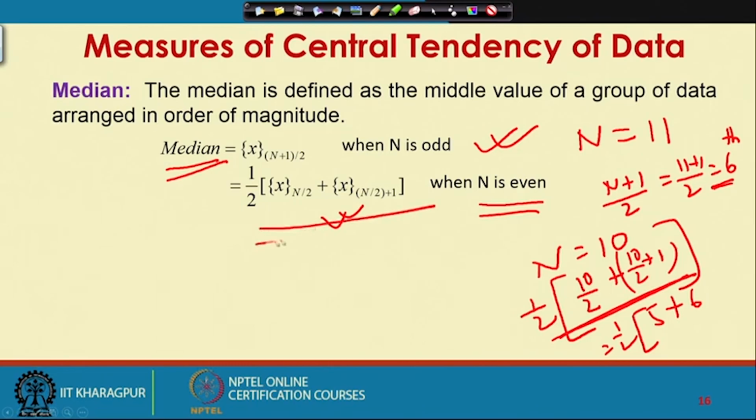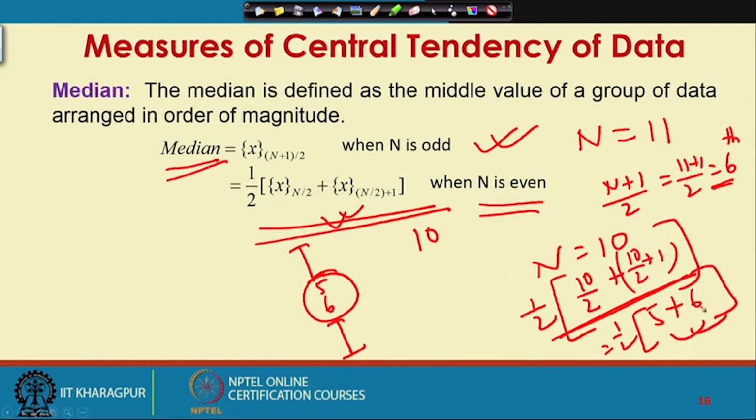So, n is even, 10: 4 on top, another 4 below, and you have 5 and 6. So, the average of 5th and 6th value.